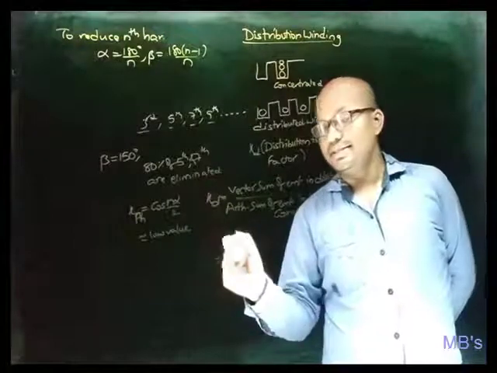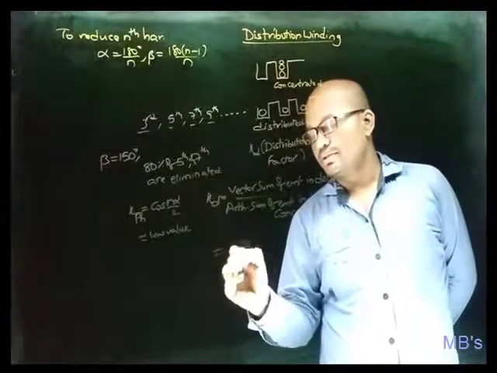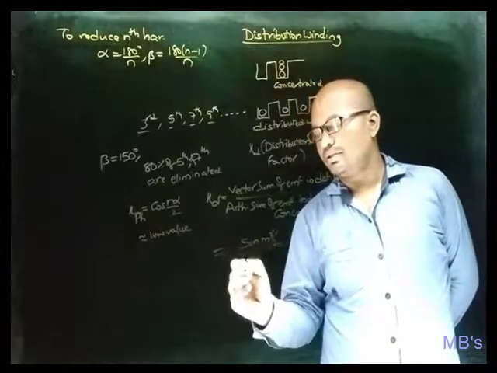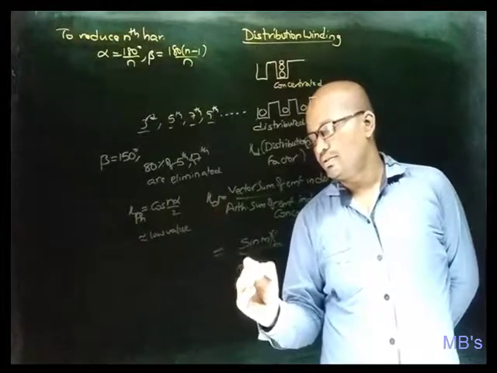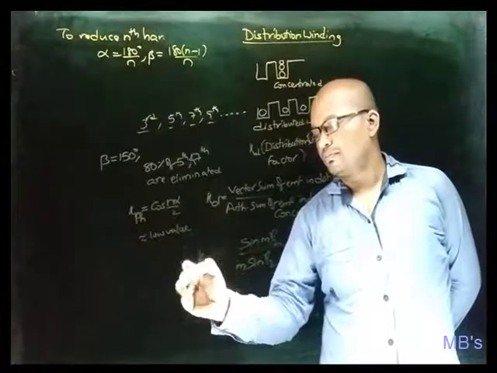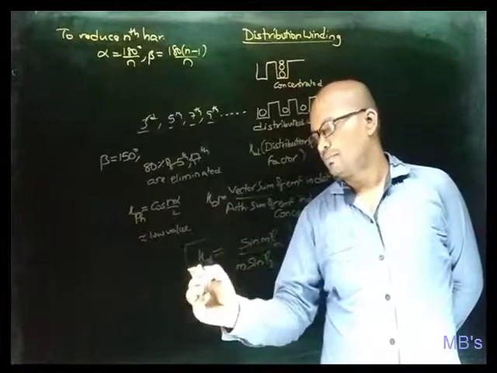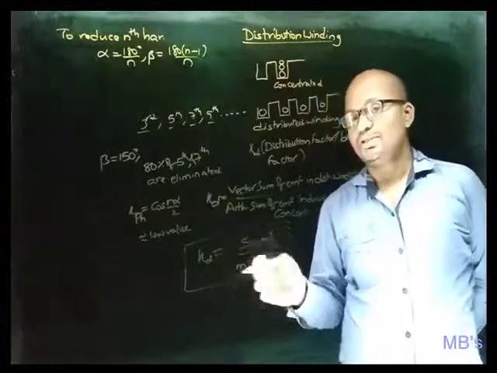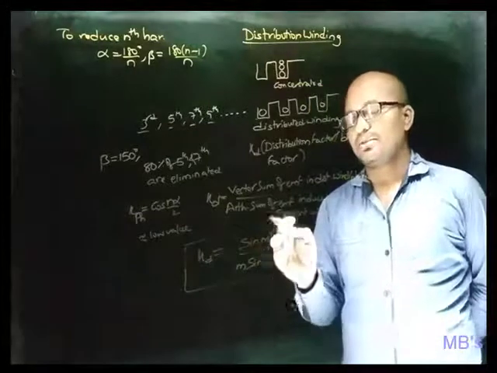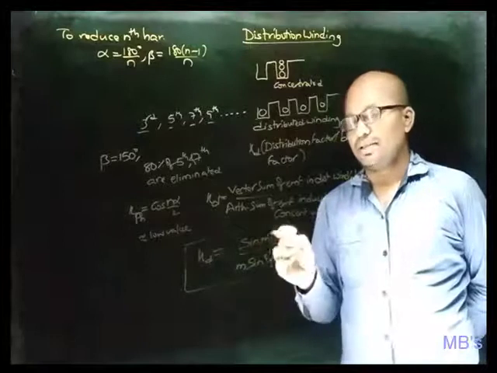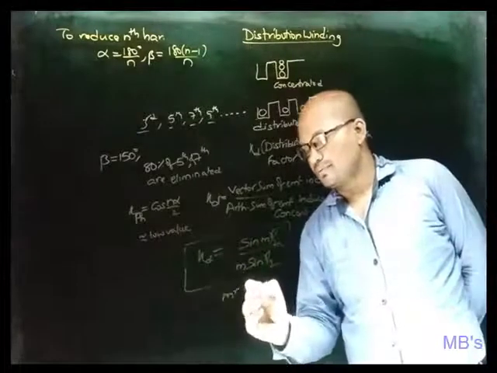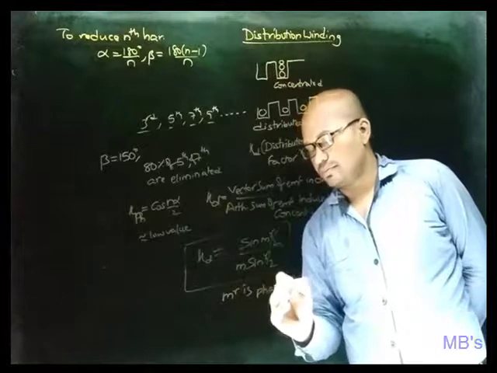So Kd is given by sin m gamma by 2 by m sin gamma by 2. This is the distribution factor formula, where gamma is the slot angle and m into gamma is phase spread.